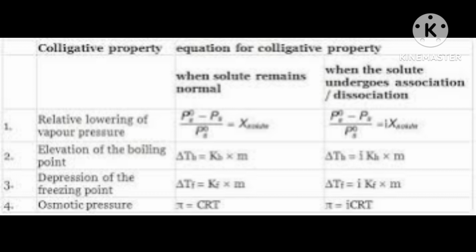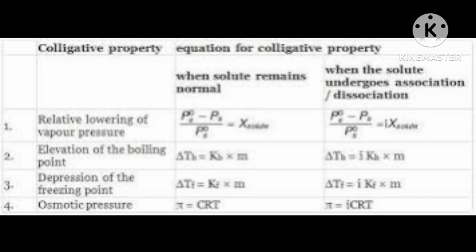Okay, so I have told you three relations. First, i is equal to normal molecular mass divided by abnormal molecular mass. Second, i is equal to observed colligative properties divided by calculated colligative properties.